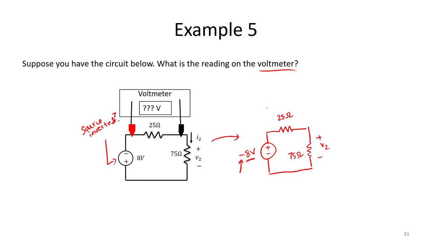So in this case, we want to find the voltage across our 25 ohm resistor. There's basically two approaches we could use here.